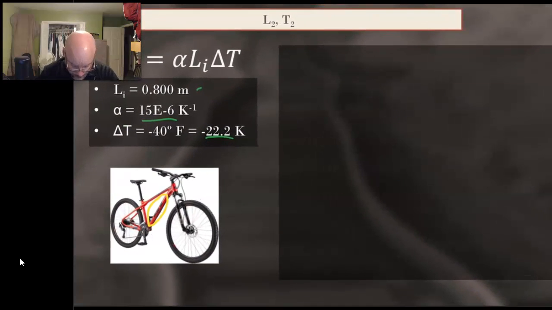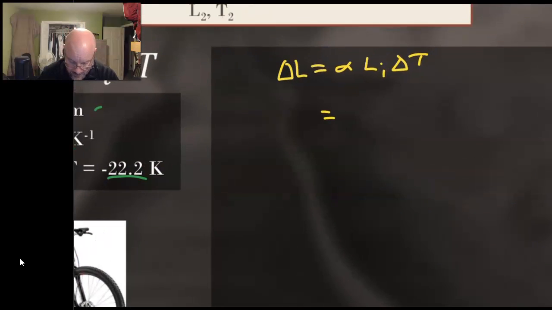We're just going to say that our delta L is alpha Li delta T, and all we have to do is put in our numbers. So this was 15 e to the minus 6. I mentioned in class that something we want to start doing now that we've got some experience under our belt is putting our units into our equations.